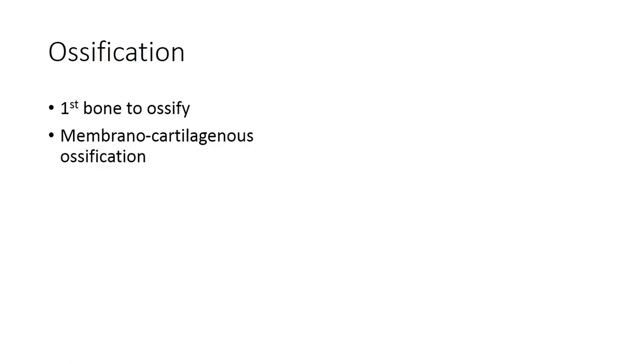Now the ossification. The clavicle is the first bone to start ossification, and it has membranocartilaginous ossification. The medial part develops from cartilage and the lateral one develops from the membrane. It has two primary centers and one secondary center.